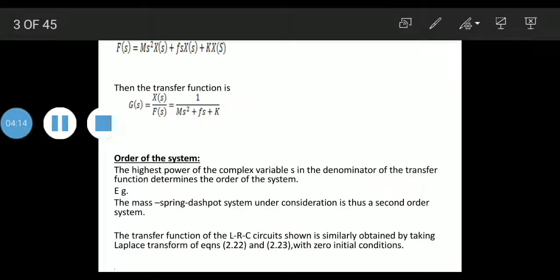So the highest power of the complex variable s in the denominator of the transfer function determines the order of the system. For example, the mass spring dashpot system under consideration is thus a second order system. Is it clear?